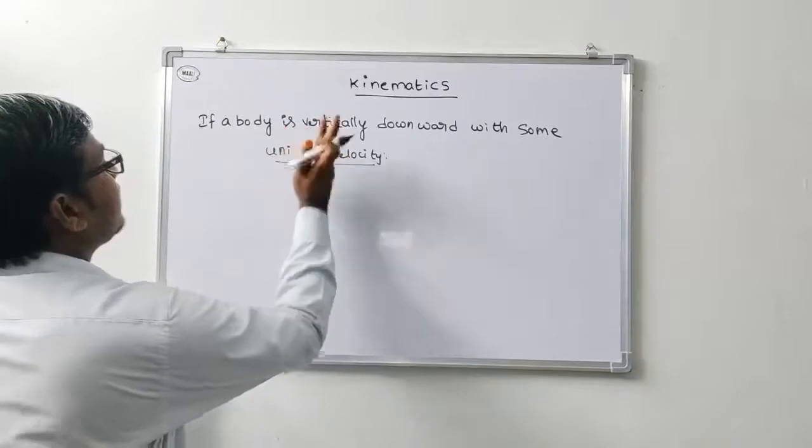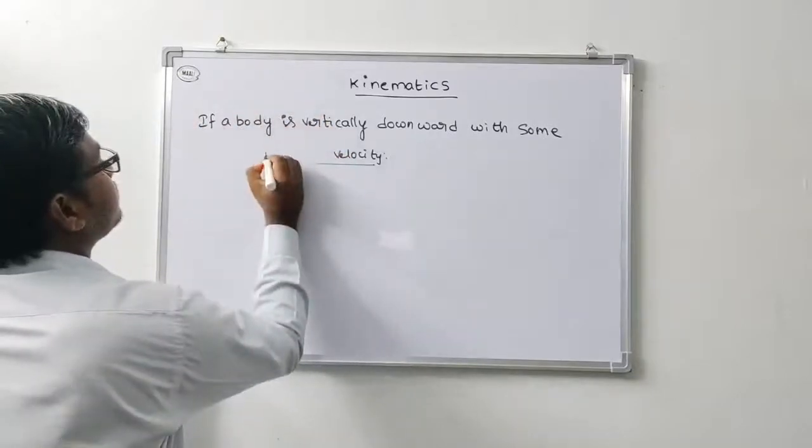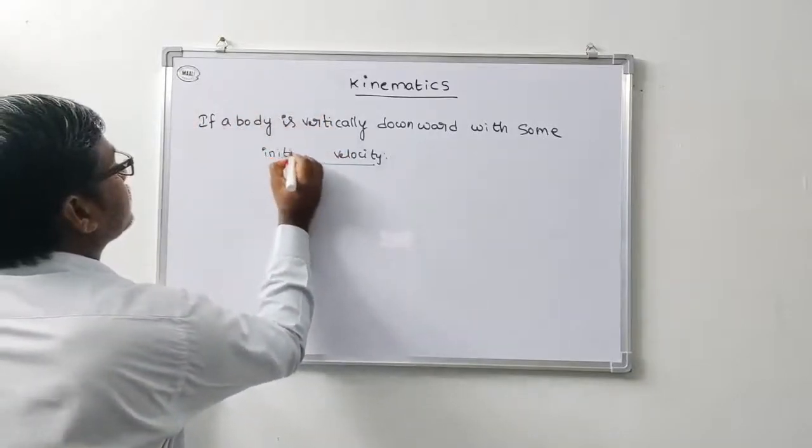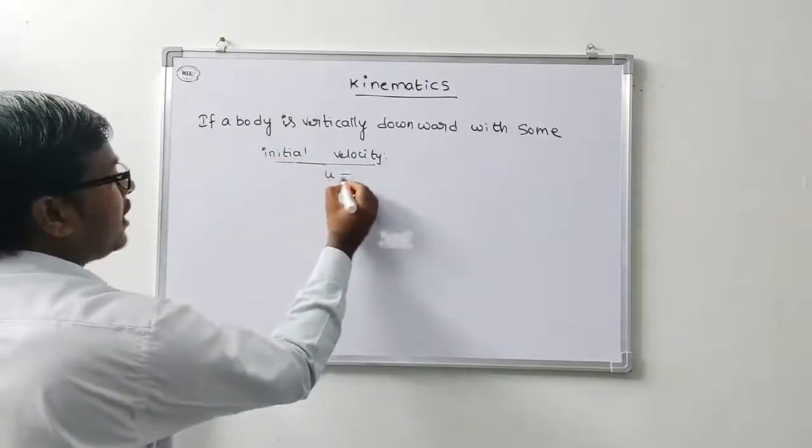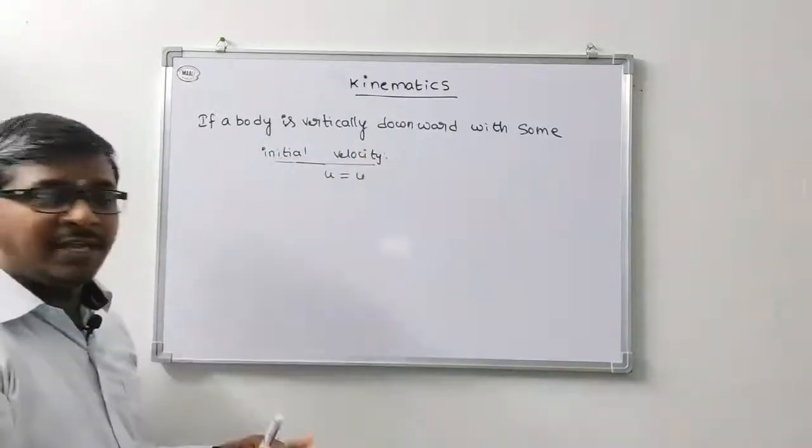In this case the initial velocity u is equal to u, and the body is freely falling.